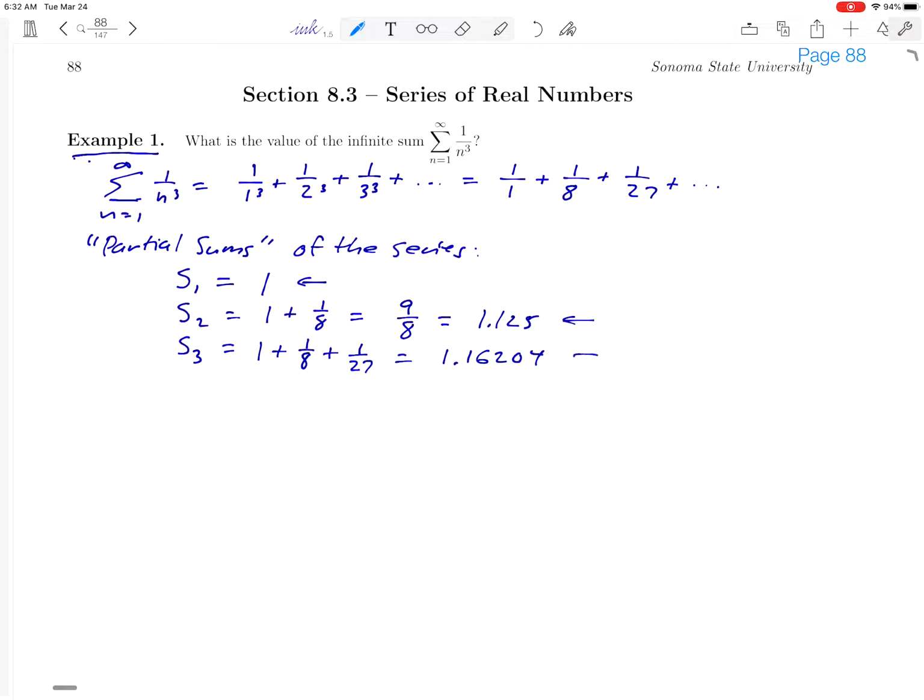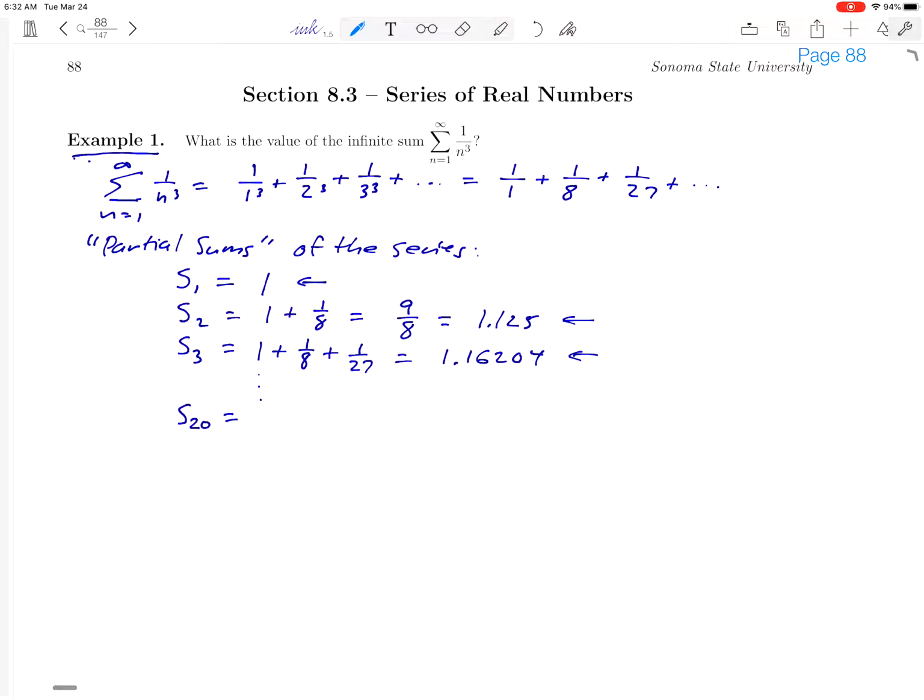And the question is, what's happening to these numbers? 1.125, 1.16204, are they approaching something or going off to infinity? Well, that's not so clear just looking at the first few terms. So what I'd like to do now is to look at partial sums a little bit farther out.